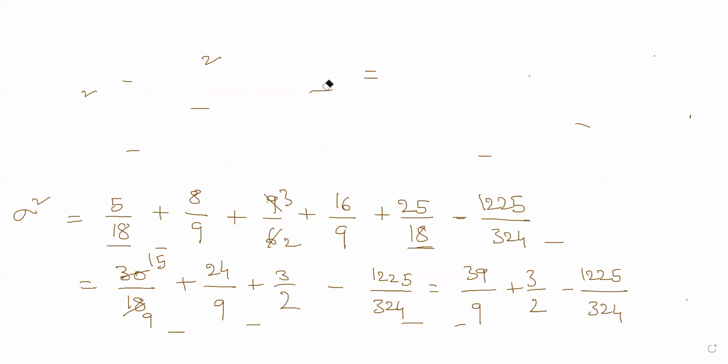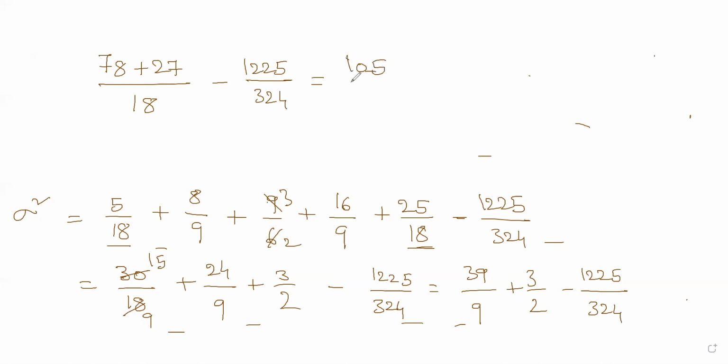So 78 plus 27 whole divided by 18, right? That is 105. So it is 105 by 18 minus 1225 by 324.